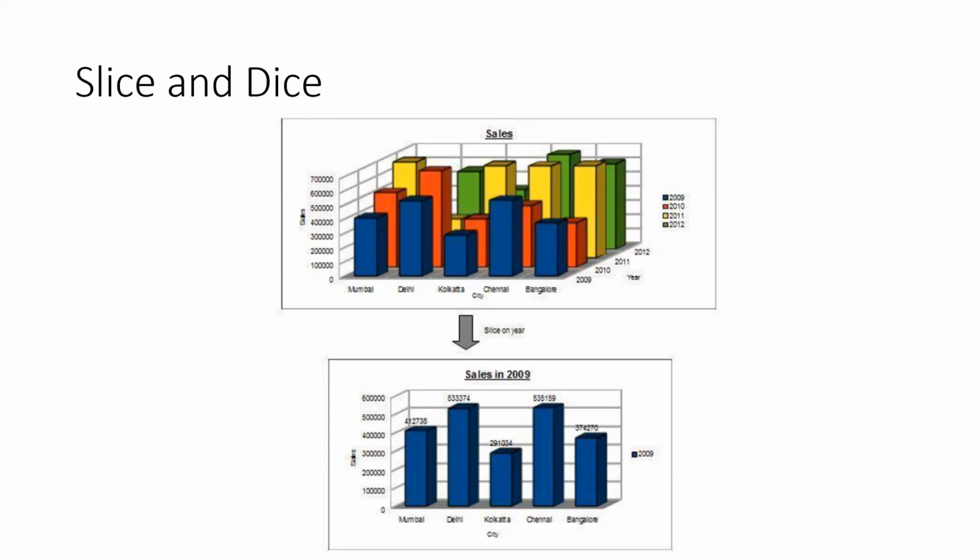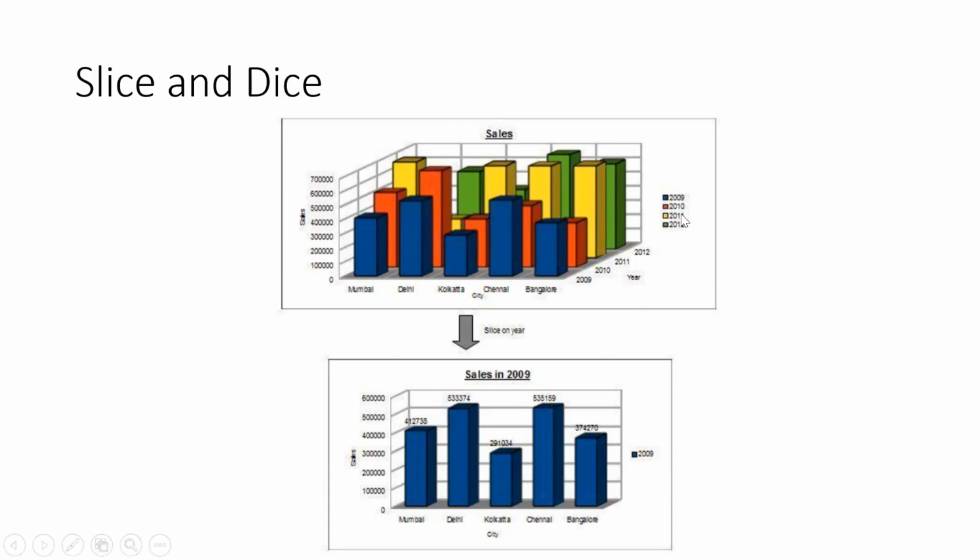So what do we mean by slice? Slice means we omit one of the dimensions. Suppose I am choosing in the filter, there are lots of filter options available in the dashboard. When you check the dashboard, there should be multiple filters for the sake of your visualization. Here, I have a year filter.